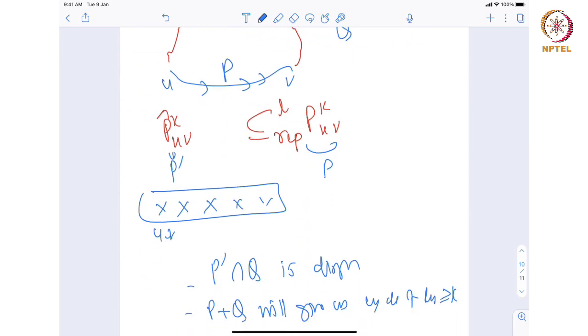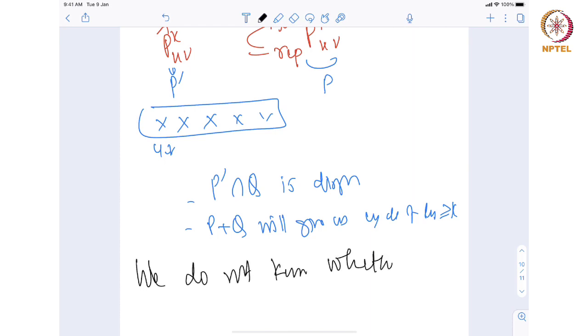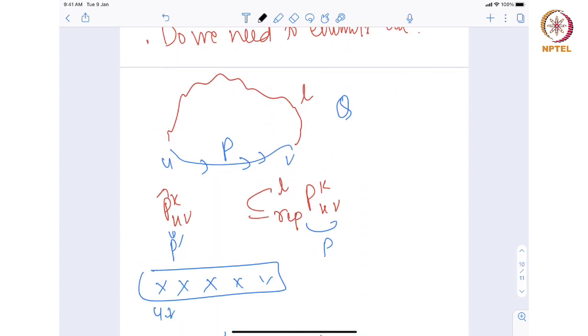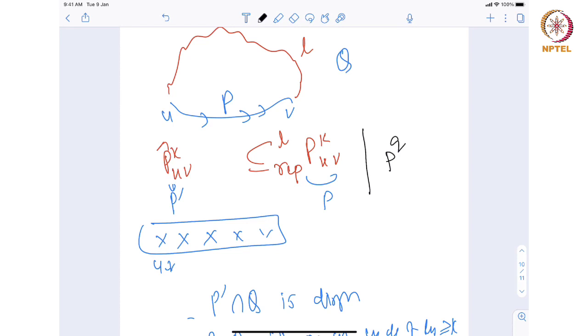But the problem is, we do not know whether L could be a function of k. L could be much larger, and if L is much larger, then the computation of this representative set is a problem. The representative set computation, if you remember, was p plus q to the power q, where q was the set from the future.